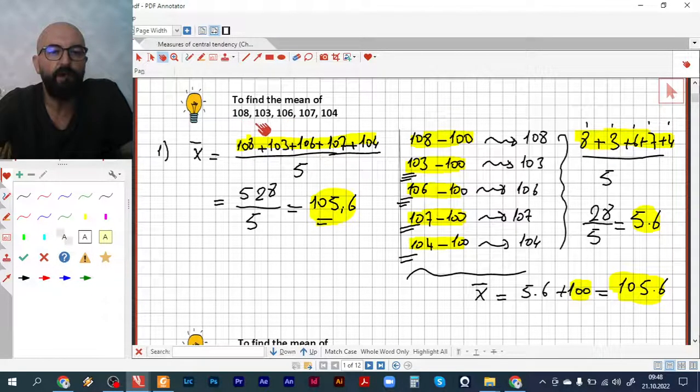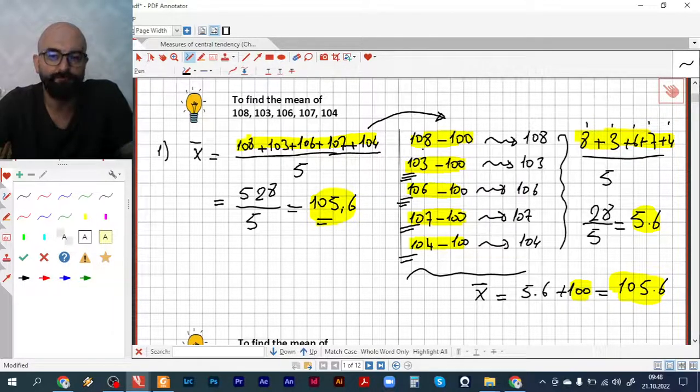If we want to compute the mean for these numbers, for example, 108, 103, 106, 107, and 104, the mean is 105.6. But when the numbers are large, we can use small numbers instead.